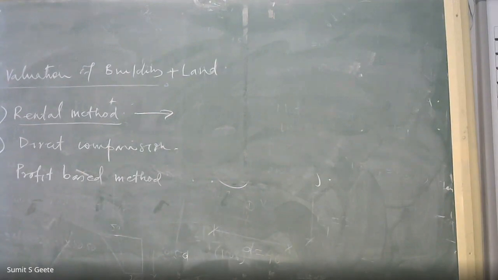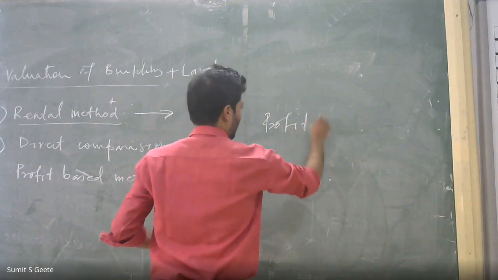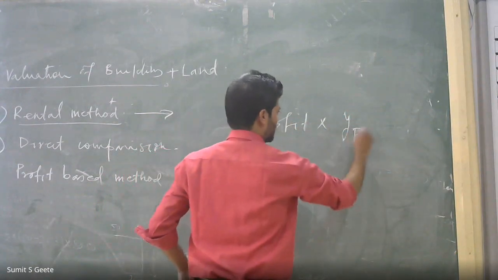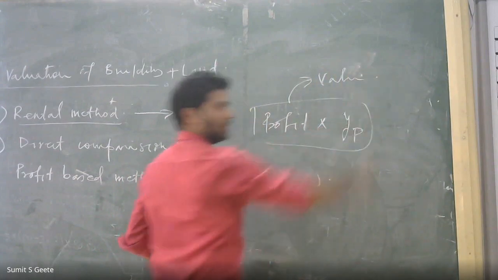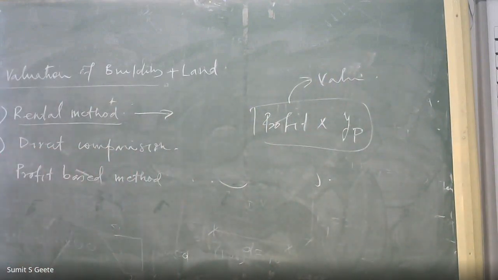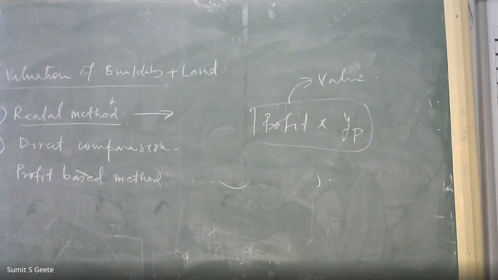So whatever profit you have, that profit into year purchase is considered as value. Clear? So this is the profit-based method, applicable in case of commercial property.